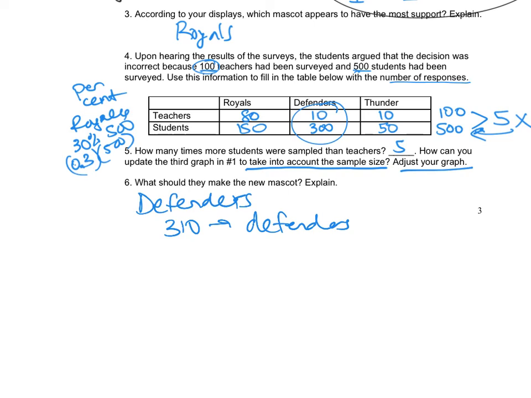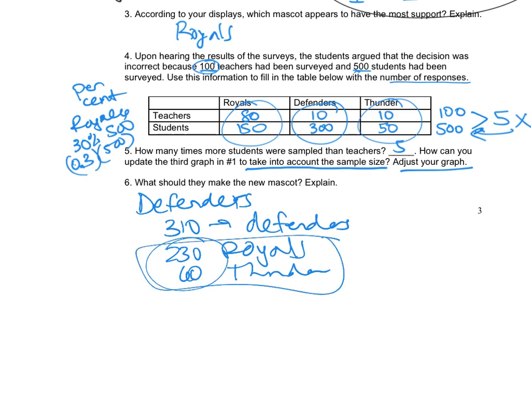And but for the Royals, it was only, what's 80 plus 150? 230 for the Royals. And 60 wanted thunder. So more than half, okay? Even if you add up Royals and Thunder together, that's 290. Still, the defenders come out on top. And so they're the defenders.